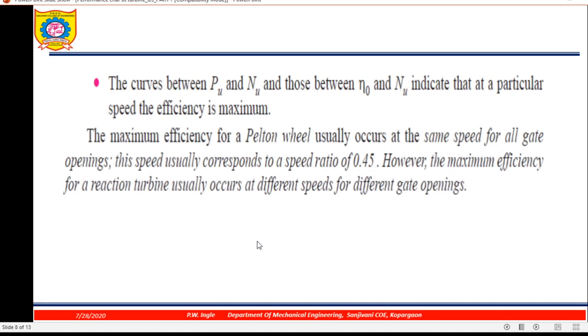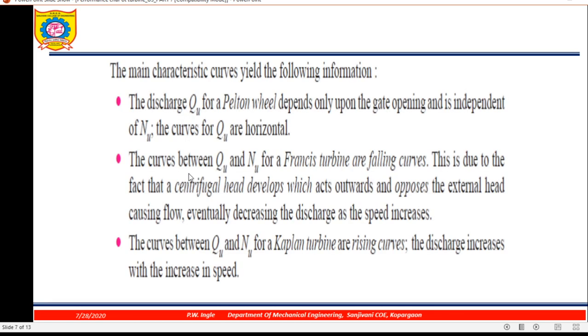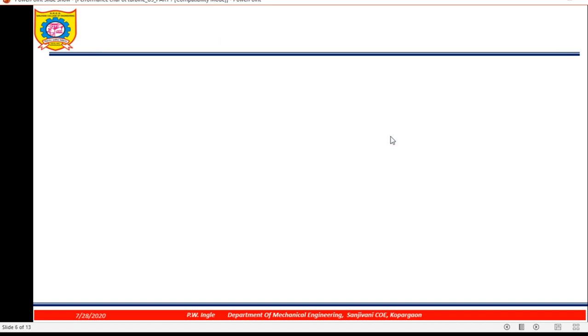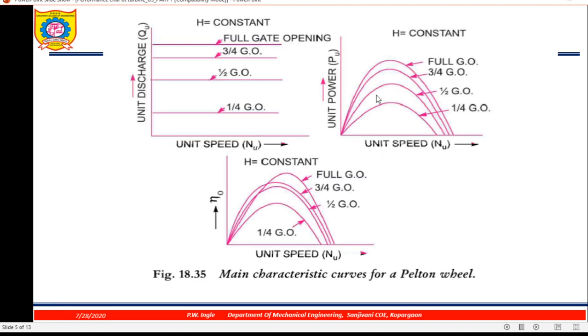Now again, the second statement is: the maximum efficiency for the Pelton turbine usually occurs at the same speed. This is very important. The maximum efficiency for a Pelton wheel occurs at the same speed for all gate openings. Okay. So here for a Pelton turbine, if you draw a straight line, the straight line indicates some particular speed, correct?